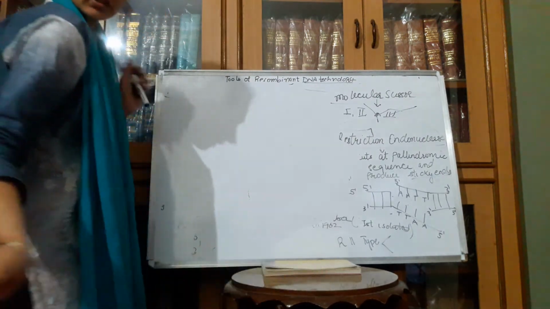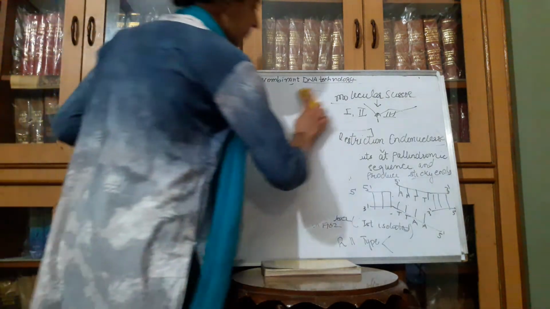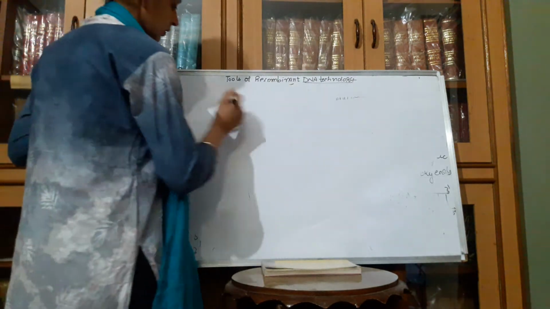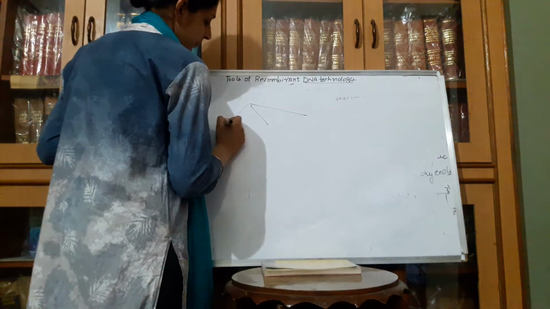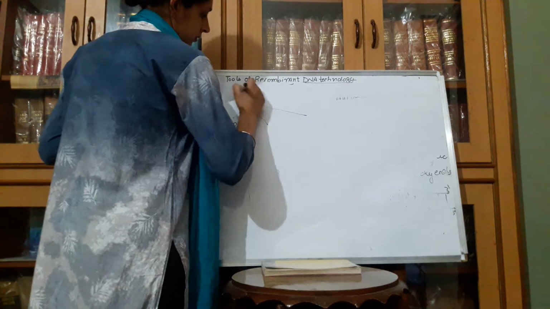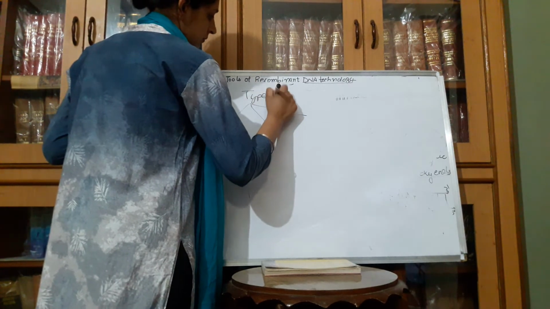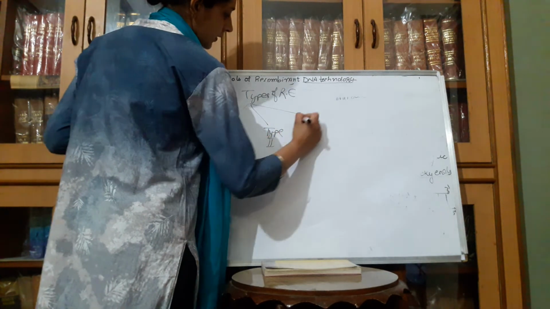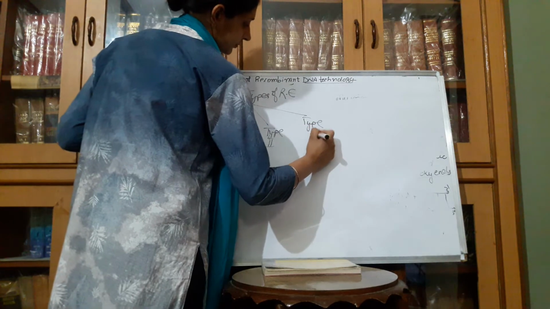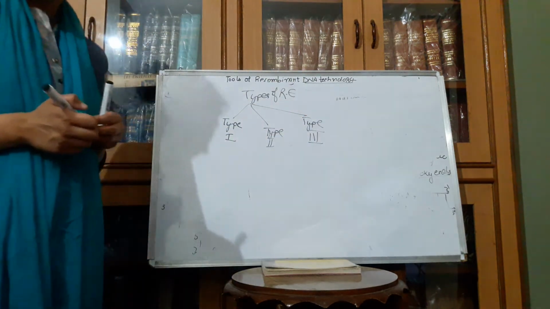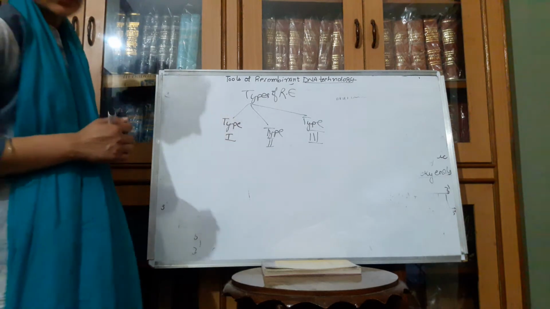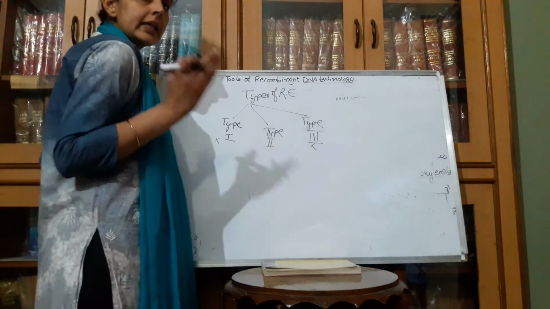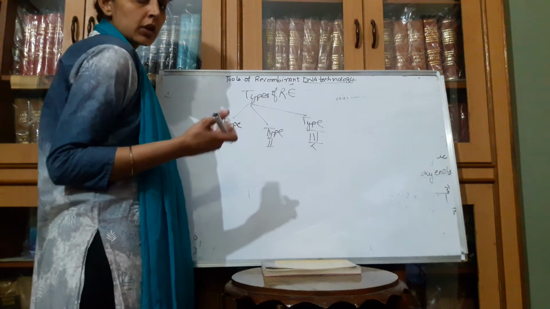If we talk about the types of restriction endonuclease enzyme, it is of three types: type 1, type 2 and type 3. Type 1 and type 3 are not utilized in DNA technology because they need an ATP molecule for their functioning.